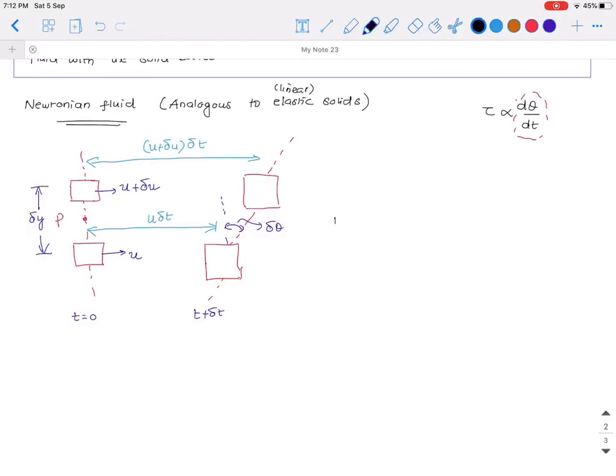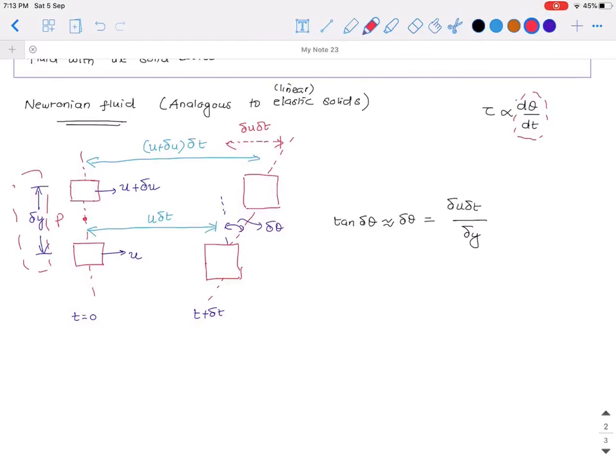When delta t is very small, delta theta will also be very small, so tan delta theta is approximately delta theta. That will be equal to this distance, which is delta u times delta t, divided by delta y, where delta y is this vertical distance, the opposite side over the adjacent side.